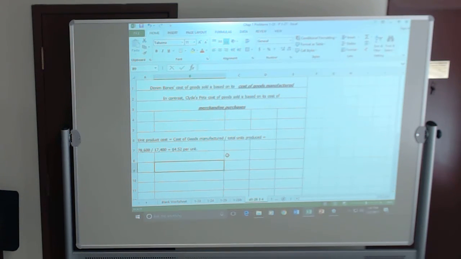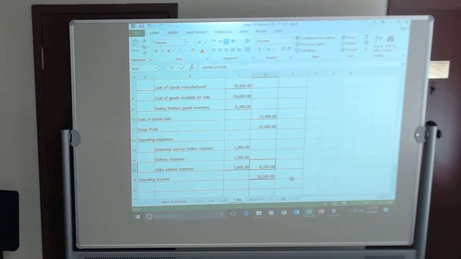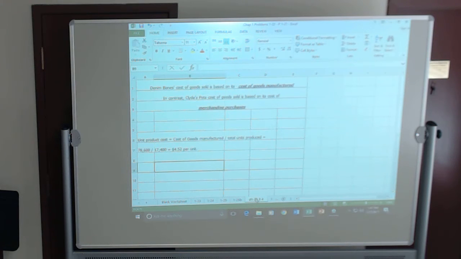And the unit cost for Dim & Bones: he manufactured 17,400 units of products in 2011. Compute the company unit cost. So basically, if we go back and look at this, these numbers don't agree. The unit product cost will equal cost of goods manufactured divided by total units produced.